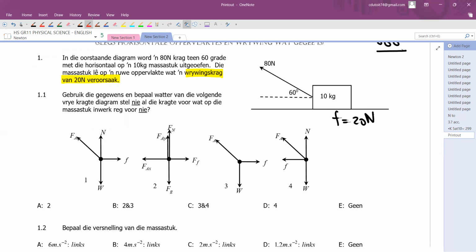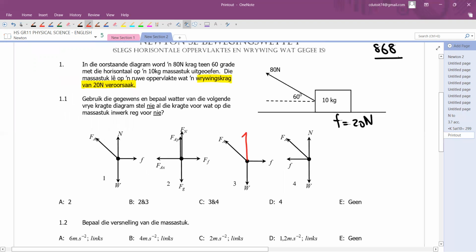No, it doesn't have a normal force. So 3 is incorrect. What about 4? Number 4 is also incorrect. The friction is in the same direction as the applied force, which is wrong. You can't have friction in this direction and a force applied in that direction. So that one's also wrong. So the answer is C, which is 3 and 4.